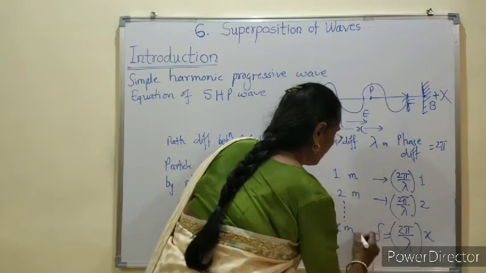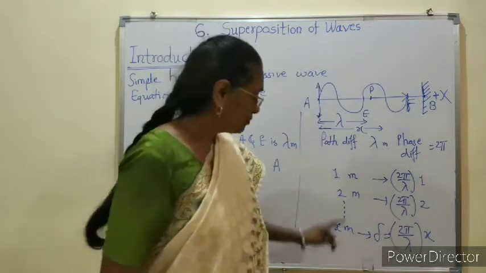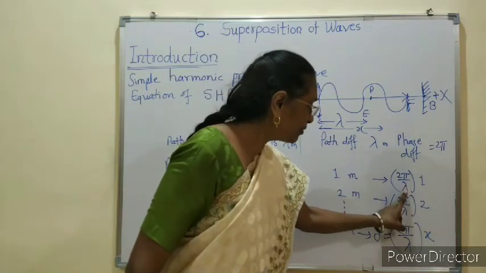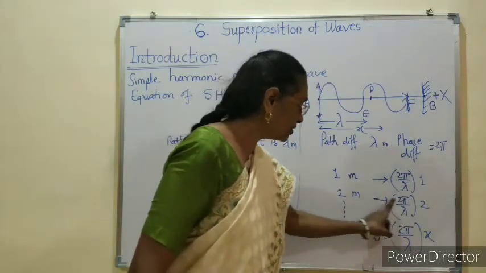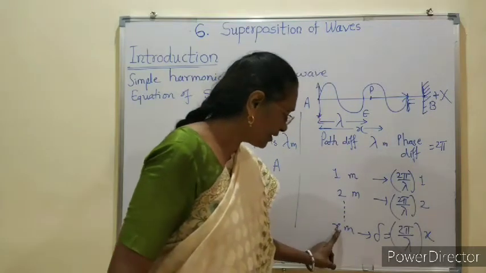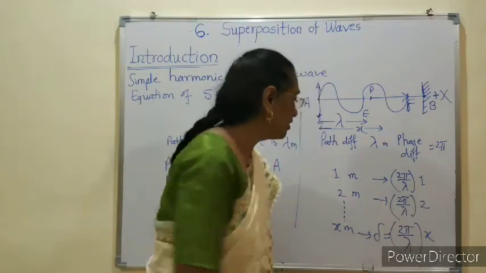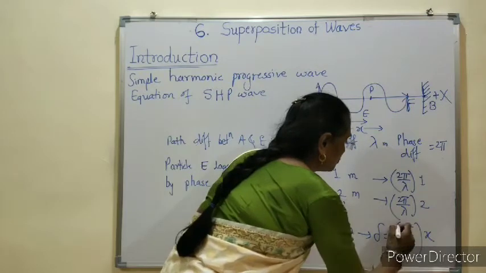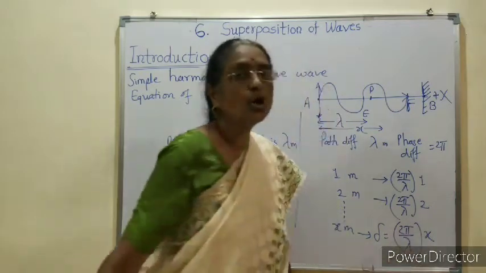This phase difference is denoted by delta. So for 1 meter it is twice pi upon lambda into 1, for 2 meters it is twice pi upon lambda into 2, but for x meter it is denoted by delta, and it is equal to twice pi upon lambda into x.